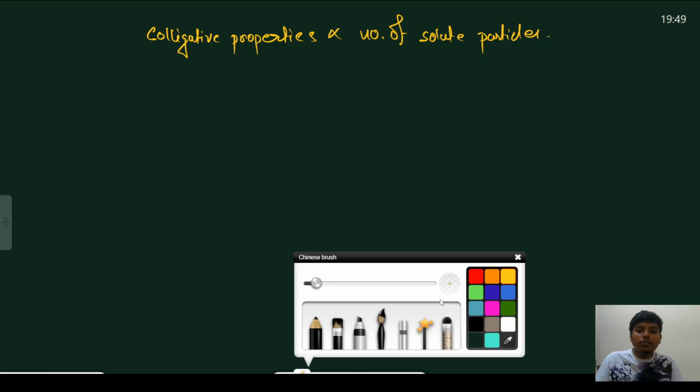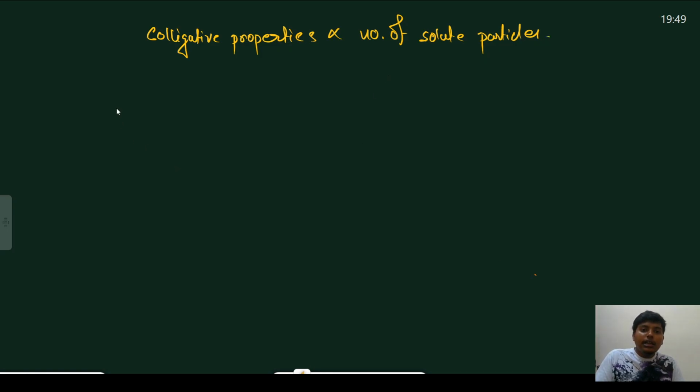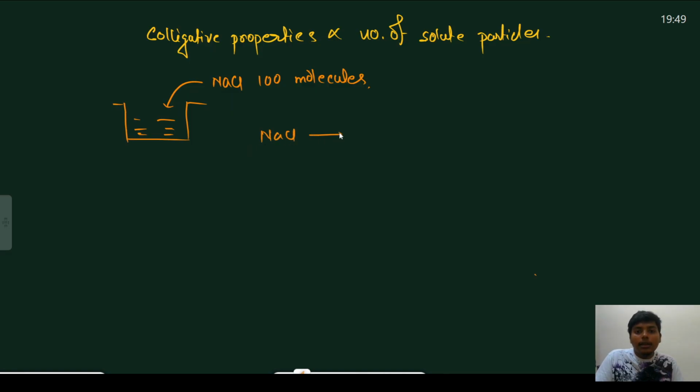But tell me one thing. Let's suppose you are taking a solution and you are adding NaCl. I'm adding 100 molecules of NaCl. But actually, after dissolving, the NaCl molecule will convert into Na plus and Cl minus. So 100 molecules convert into 100 Na plus and 100 Cl minus.